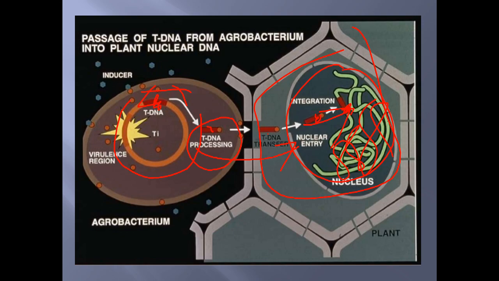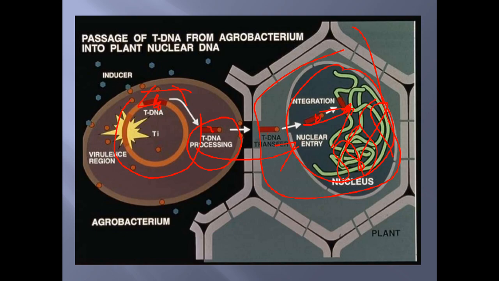You may ask, as you are saying it is a pathogen, that means it is going to cause disease for the plant, so how can we use it as a vector for transformation? It's very simple. One of the methods of gene transfer is disarmed pathogens, the same as vaccines. Vaccines contain disarmed or inactivated viruses.